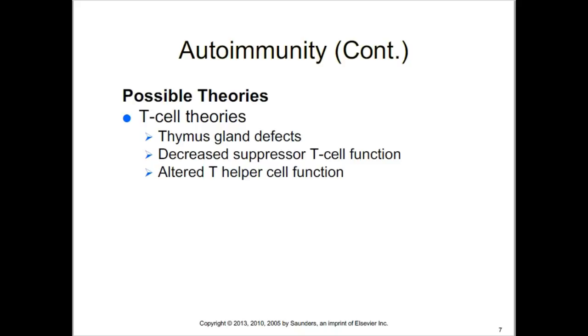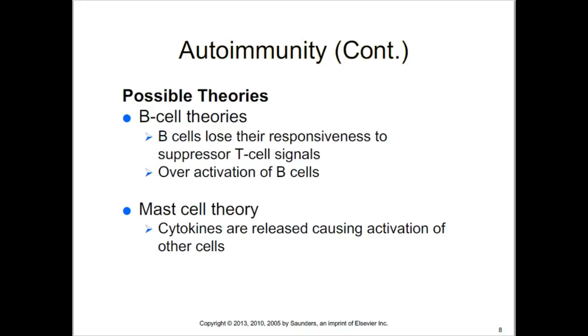T cell suppression can also be another function, because as I told you, the T cells are the ones that are going to basically attack your specific immunity, and also an alteration in T helper cell function, right? So again, some B cell theories where they lose their responsiveness to the suppressor T cell signals, and so they become overactivated.